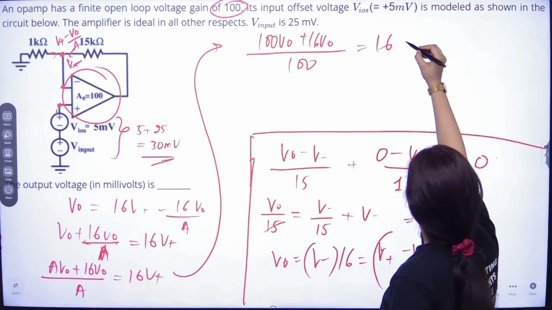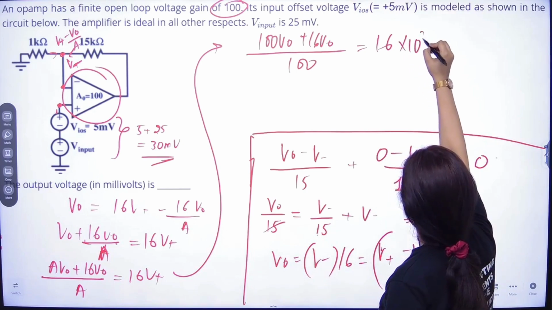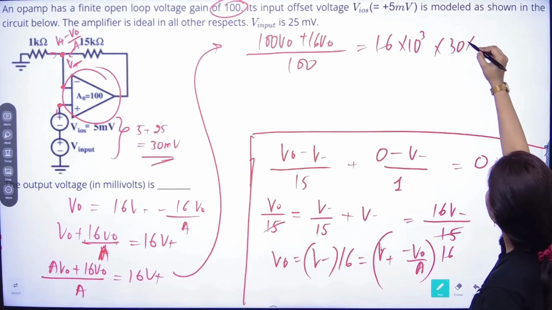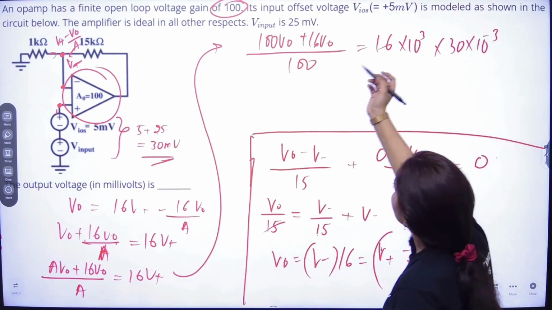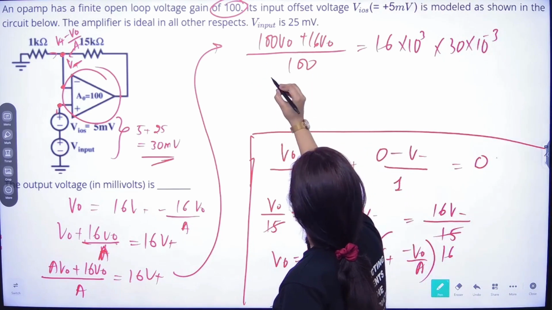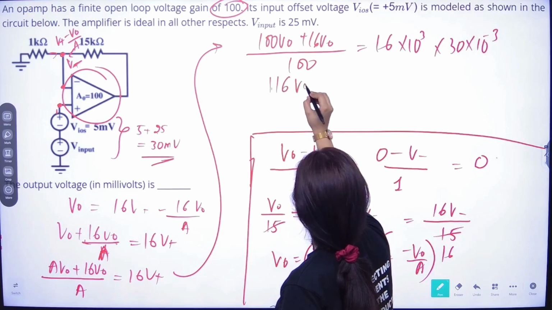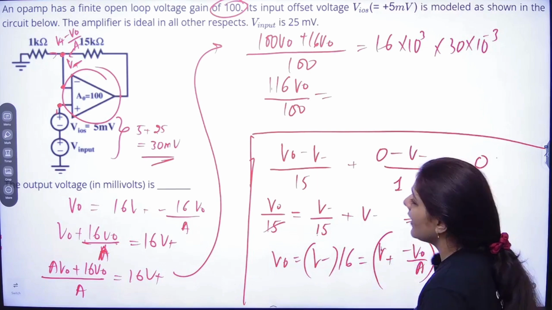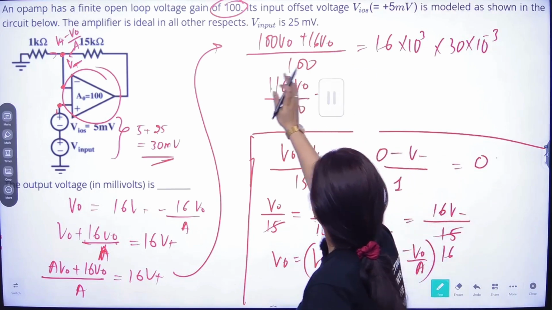So that is 16 into K, which is 10 raised to power 3, and 30 milli is 30 into 10 raised to power minus 3. So that will be 116 V naught divided by 100 is equal to this.